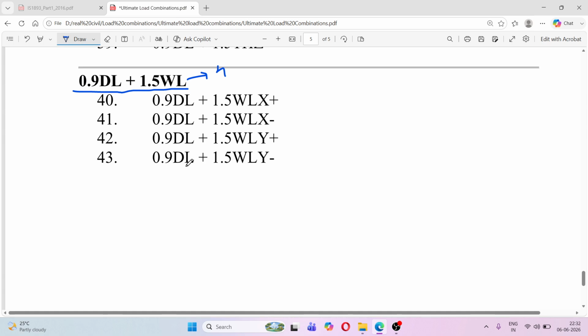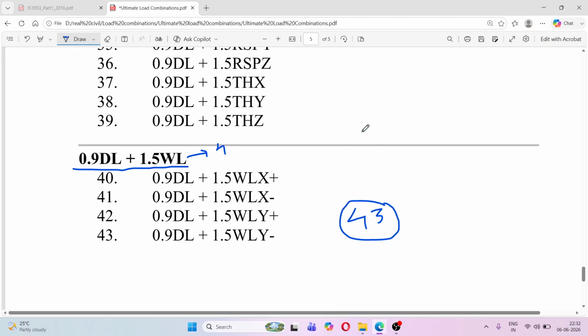So this is how we have created 43 load combinations. In your case, it depends on how many types of earthquake analysis you are performing. The final load combination count will depend on that. So this is the first part.